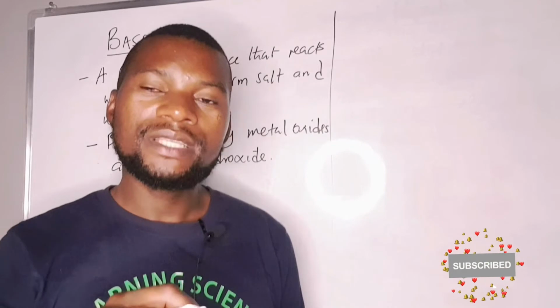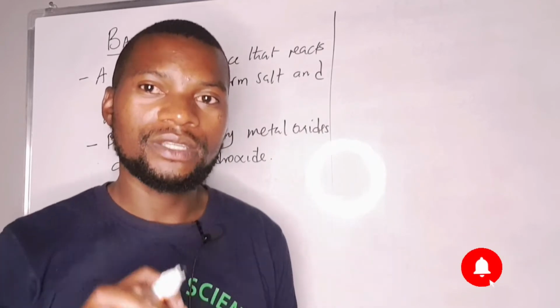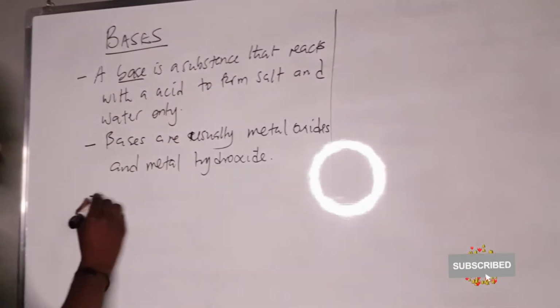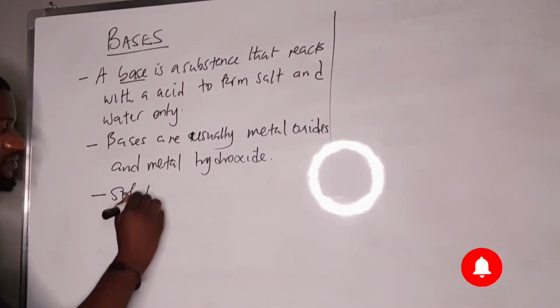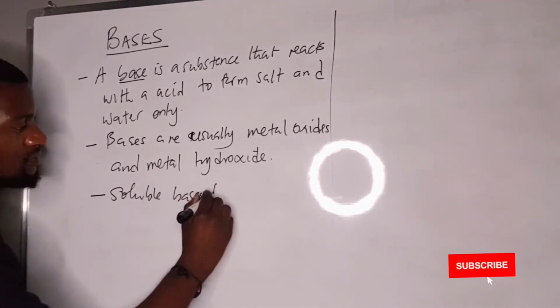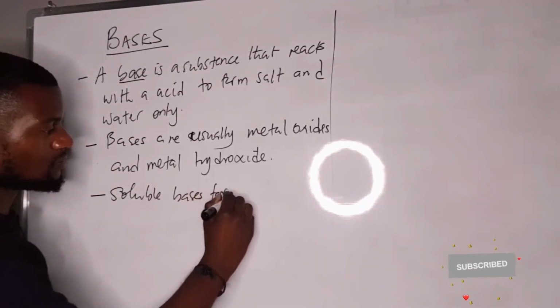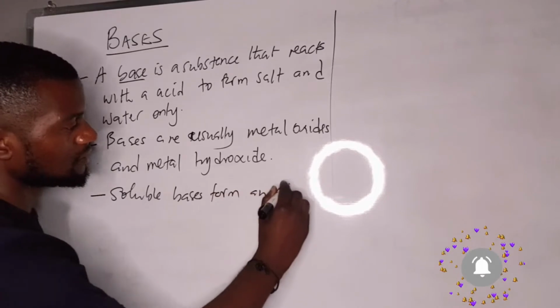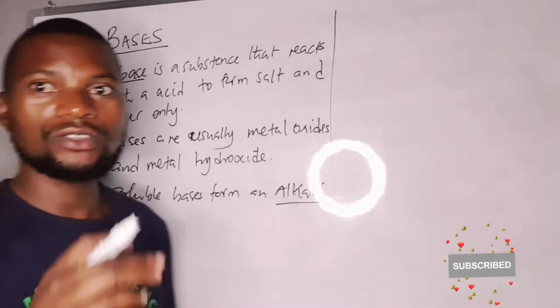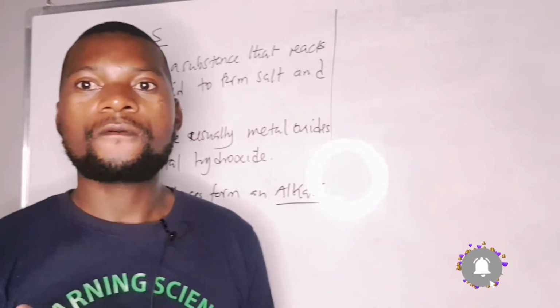So the bases that are soluble in water, they form an alkali. So soluble bases form an alkali.